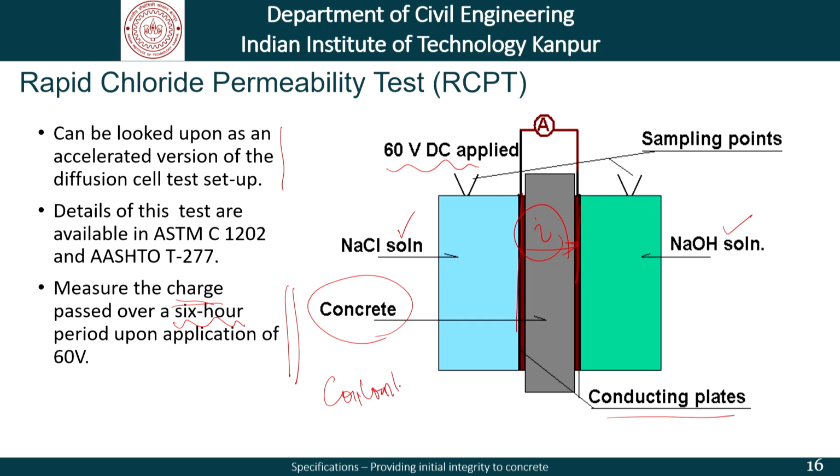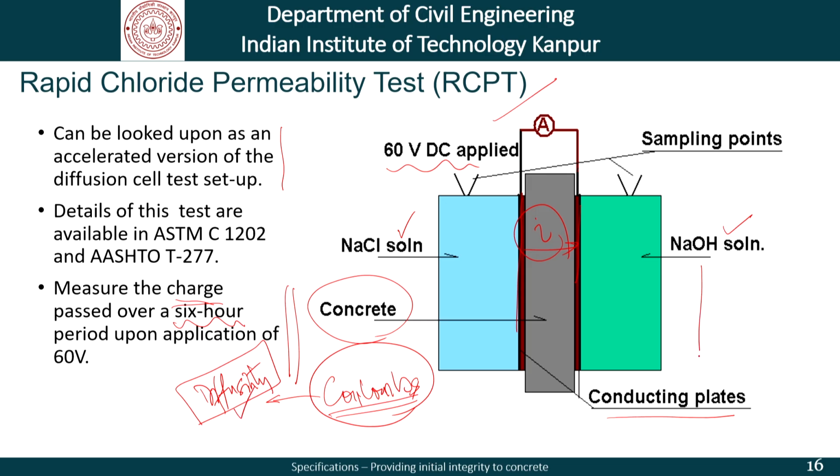So basically this test method will give you coulombs, and what we are expected to interpret is that these coulombs are related to the diffusivity, and one can prescribe the kind of concrete that we need, and that is precisely what will determine our position on this graph.